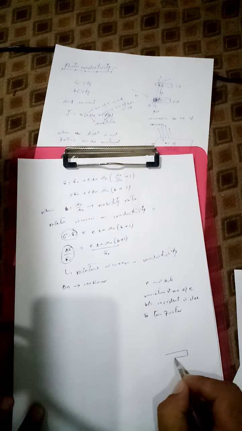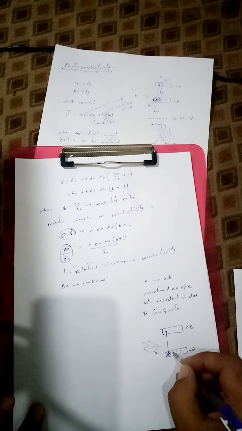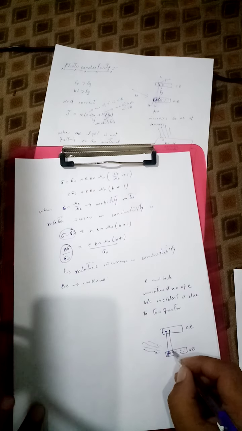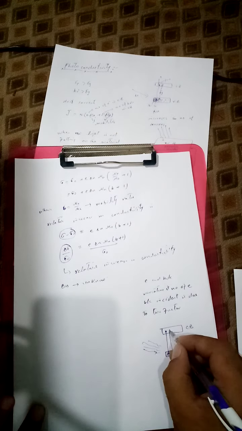So we have electrons here and holes here. Another electron absorbs another photon and jumps to the conduction band, so we have a hole here and one electron here. Another photon will be absorbed by this electron, so it jumps to the conduction band, and there is a hole.